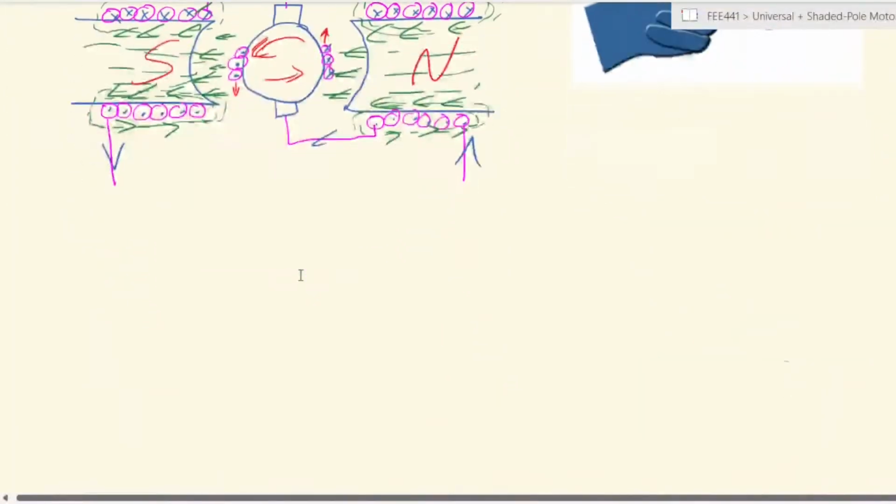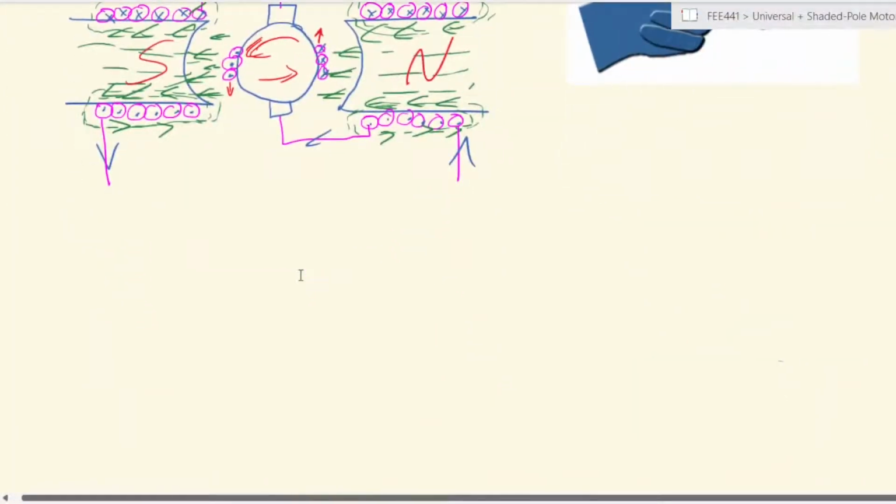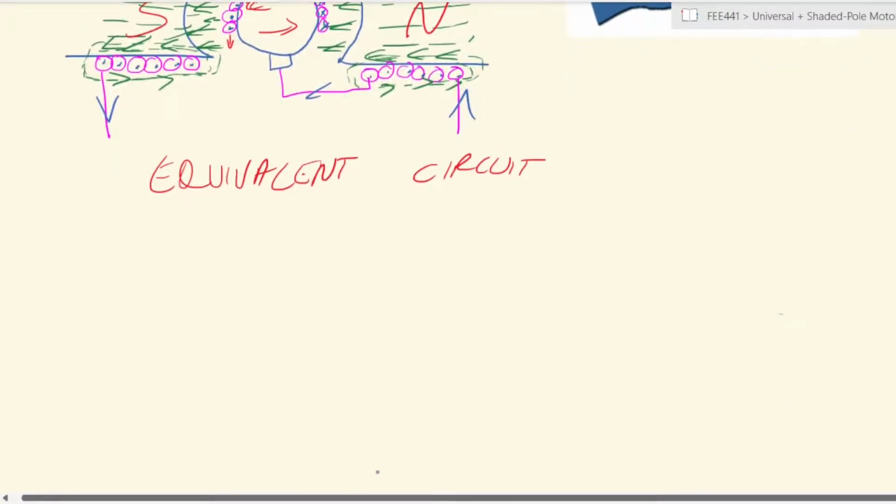Okay. So let's look a bit more into the physics of the machines themselves. Let's look at the equivalent circuit. Okay, so the equivalent circuit of the universal motor will look like this.